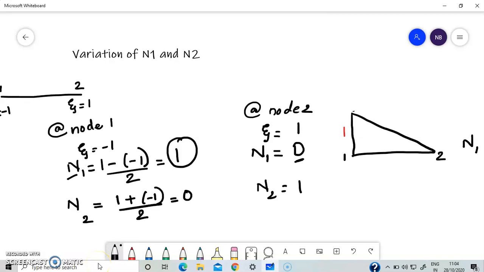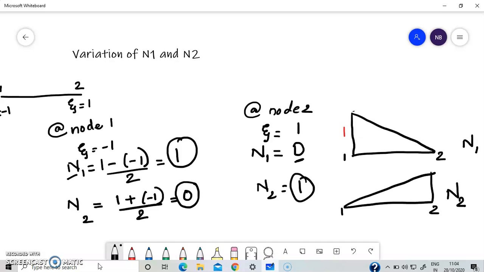Similarly, if I am drawing the variation for N2, at node 1 the value of N2 is 0, and at node 2 the value of N2 is 1. So this is the variation of the shape functions N1 and N2.